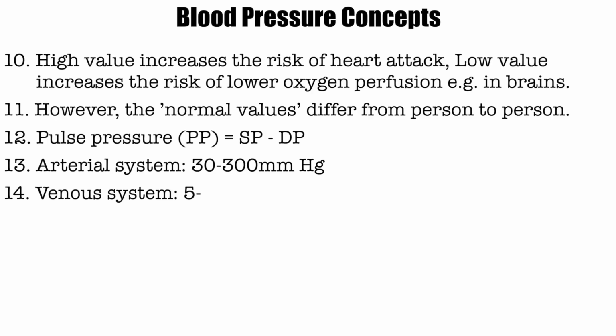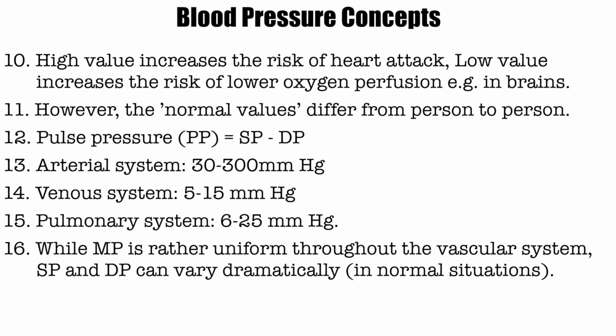Why is it important to measure blood pressure? Because high value increases the risk of heart attack, while low value increases the risk of lower oxygen perfusion, for example in the brain. However, the normal values of blood pressure differ from person to person.